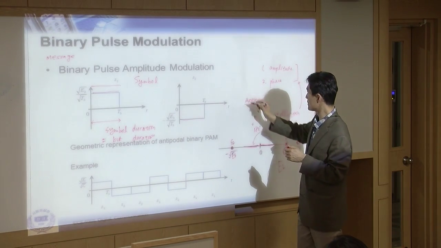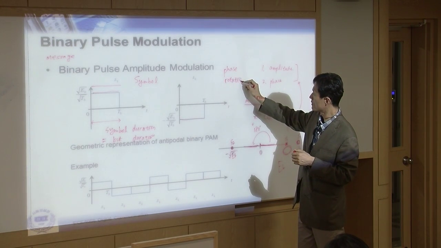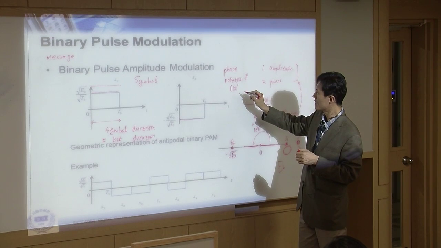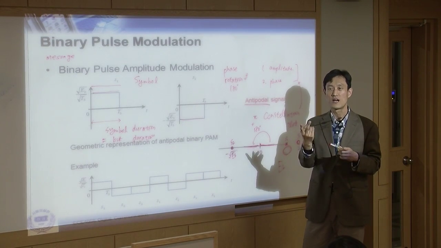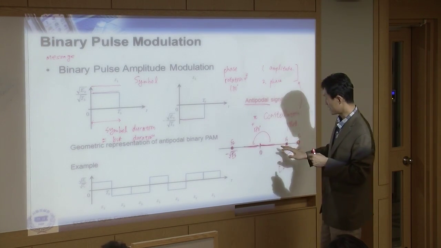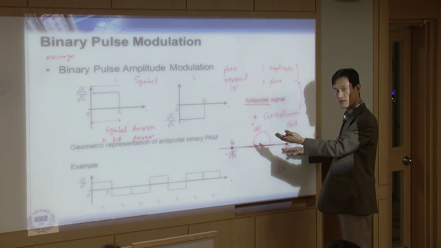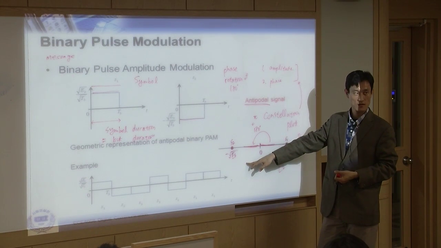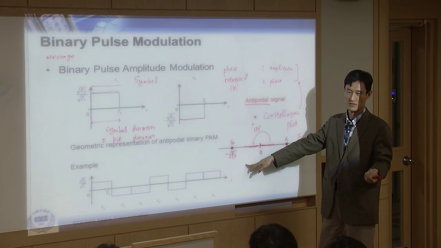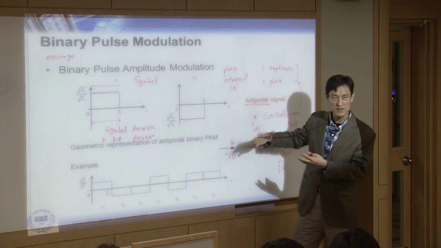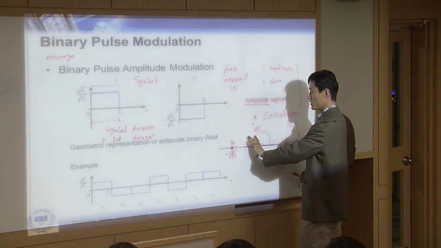A 180 degree phase rotation is basically the same as putting the negative sign, or let's say reversing the sign. If the original one was positive and I add a 180 degree phase rotation, that becomes negative. 180 degrees means change the sign: negative becomes positive, positive becomes negative. So all of these things are the same thing. I'm talking about the same thing in many different ways.